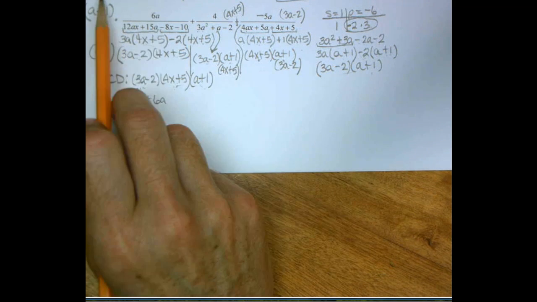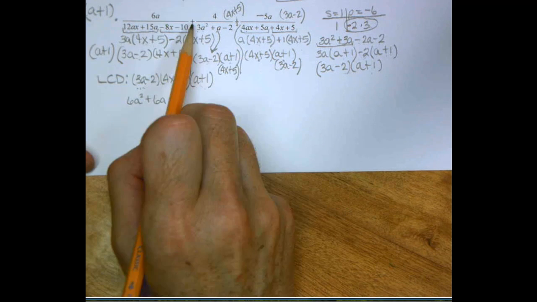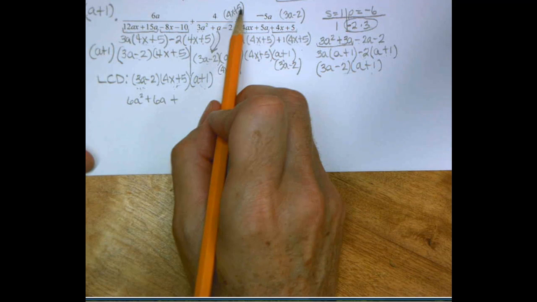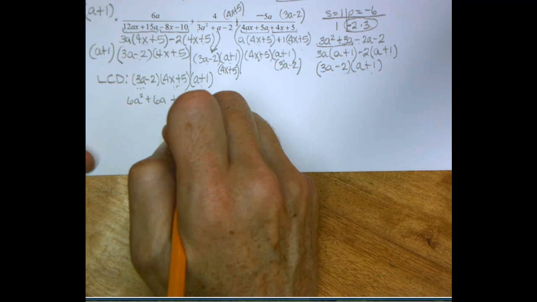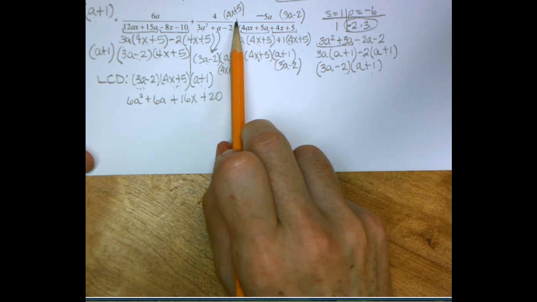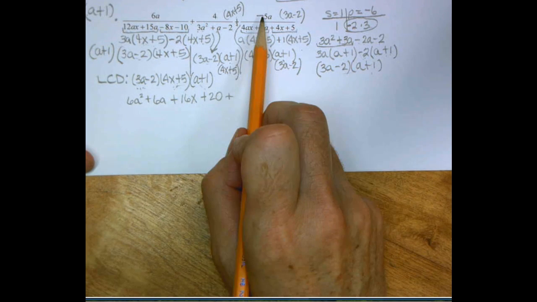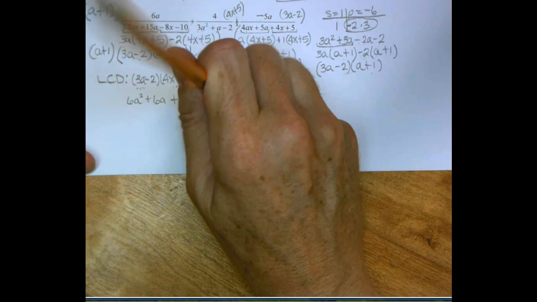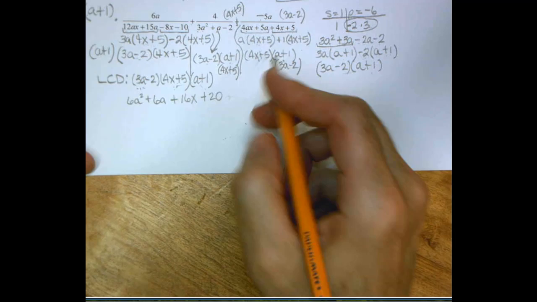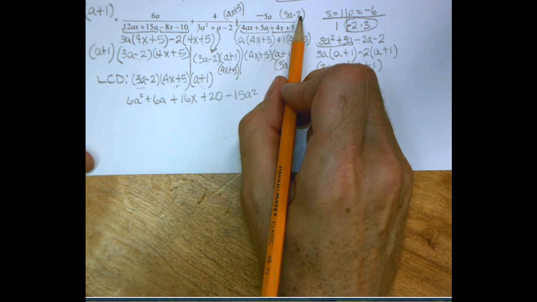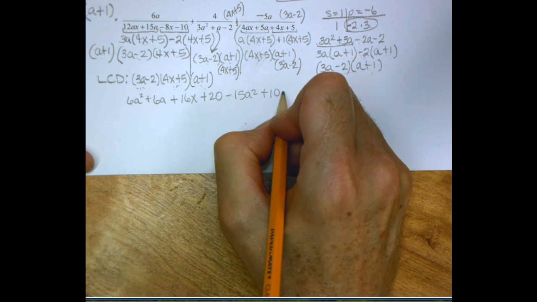That's if I distribute the 6a inside here, and then I have a plus, and then distribute this 4 inside this parentheses group, so 16x plus 20, and then plus, and then I have negative 5a times that quantity, so I am going to need to change my sign, not a plus anymore, but a minus 15a squared, and then plus 10a.